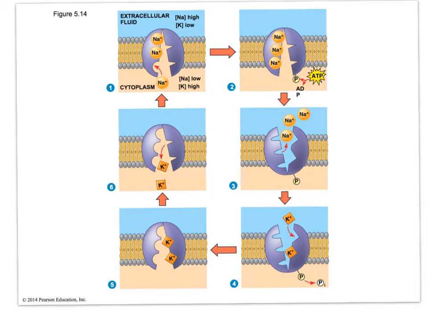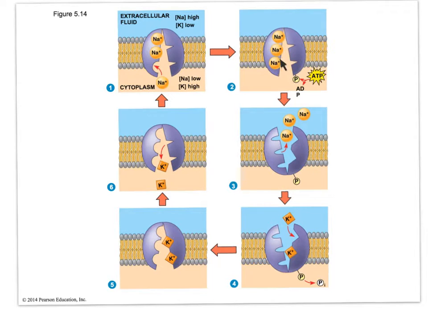So to do that, we start at number 1. Sodium is high inside, low outside to start. So we're actually going to bind 3 sodiums to the protein. 1, 2, 3. And at that point, ATP is hydrolyzed.